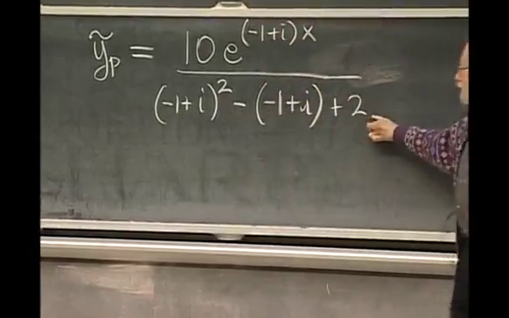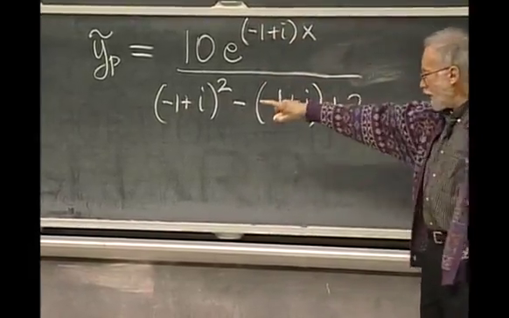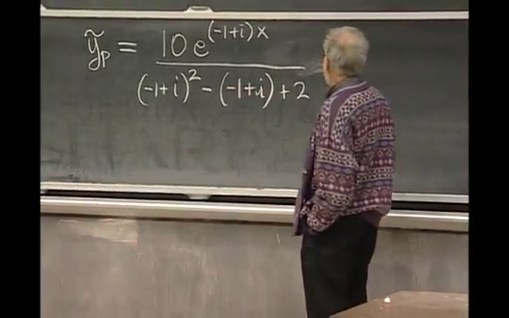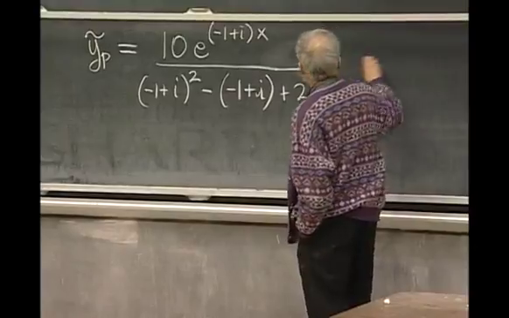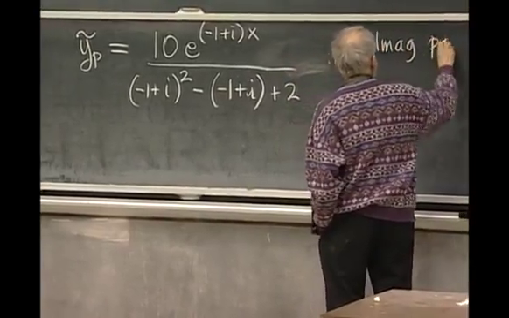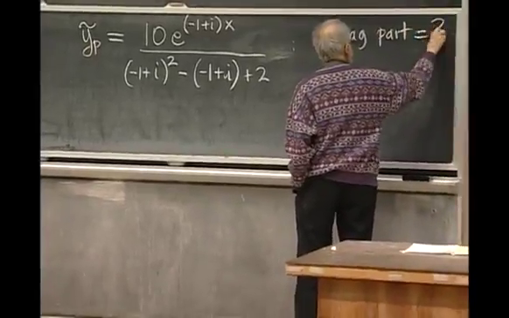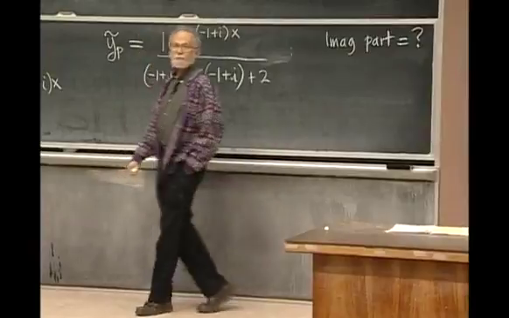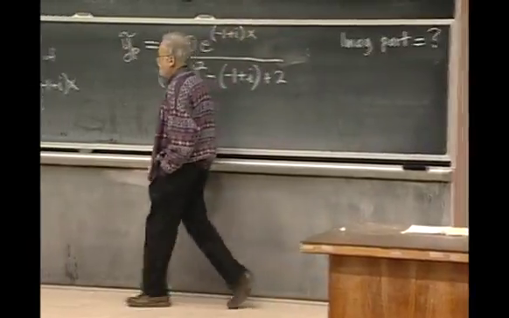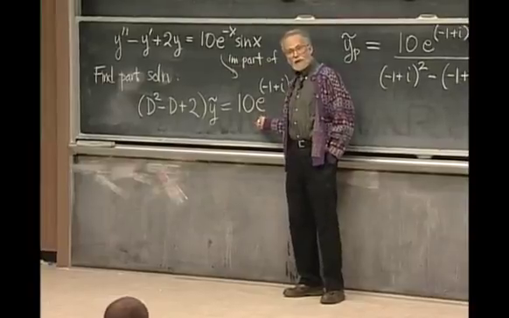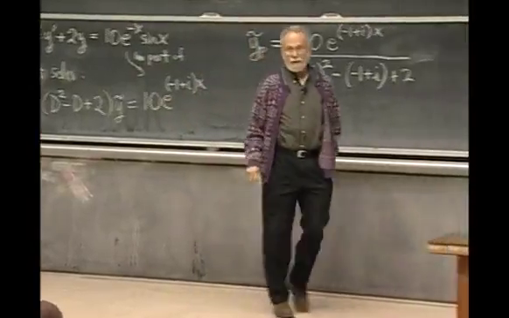All I've done is substitute minus 1 plus i for D in that quadratic polynomial. And now all I want is the imaginary part of this. The imaginary part of this will be the solution to the original problem, because the right-hand side was the imaginary part of the complexified right-hand side.